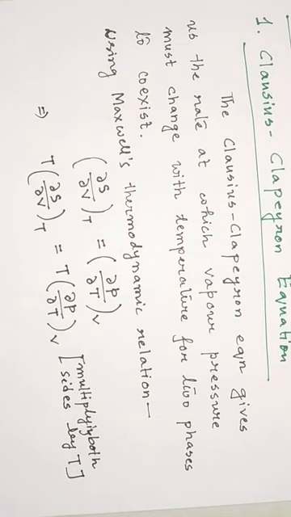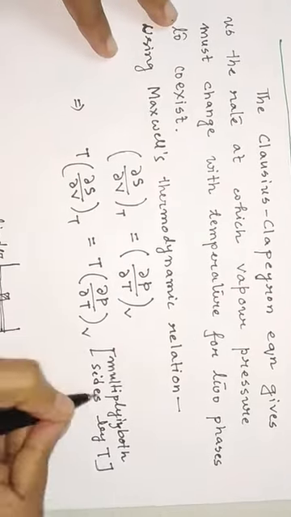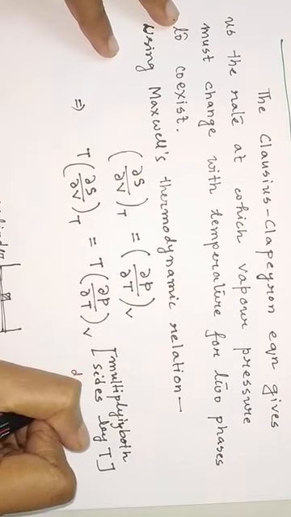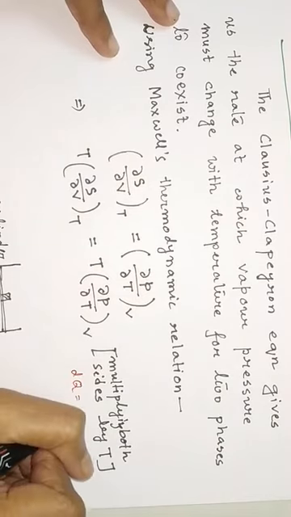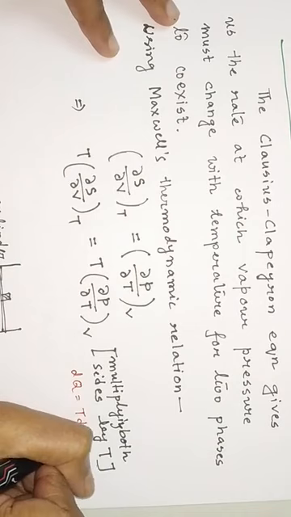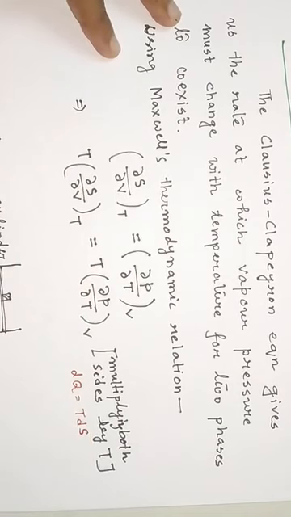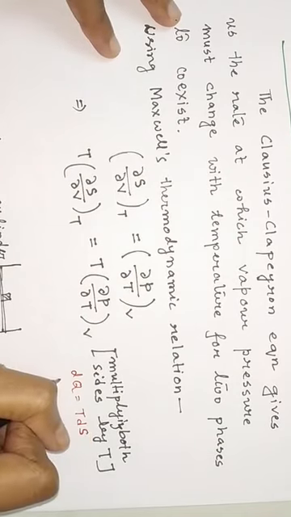Now you see, we know dQ equals TdS for an infinitesimal reversible process.